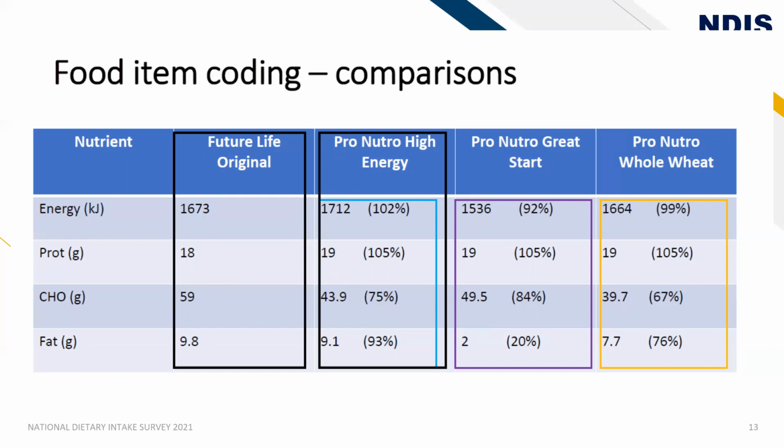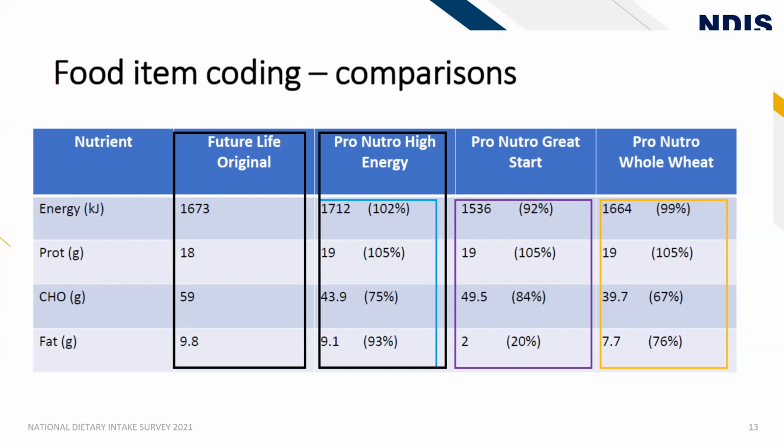Then you go to the protein and you see, okay, there's 105 for your protein for High Energy, the same for your Great Start, and then the same for your Whole Wheat. So they are all comparable and a good choice for the protein in Future Life original.